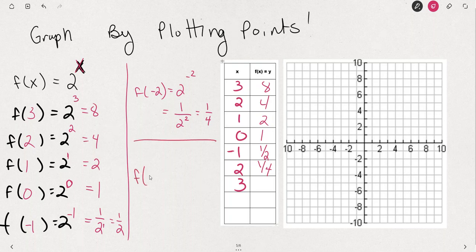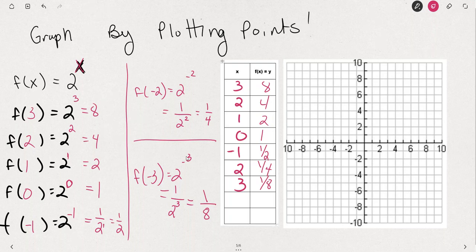F of negative 3 is 2 to the negative 3, which is 1 over 2 cubed. If you're wondering, wait, how did I get from 2 to the negative 3 to 1 over 2 cubed? It's simply exponent rule. I say simply, I don't say that to imply that it's simple, but it's just by definition.